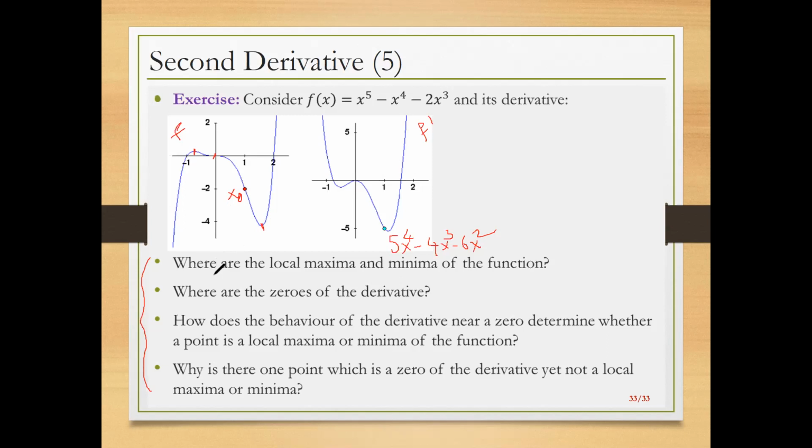At this point the slope is 0. Now let me tell you another trick. If you remember what I talked about the neighborhood: if you have a local maxima or minima and you take the derivative at every point in some neighborhood, to the left it is positive and decreasing if it's a local maxima, and to the right it is negative and decreasing.